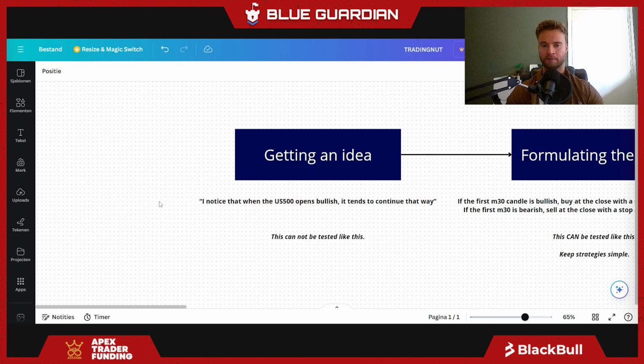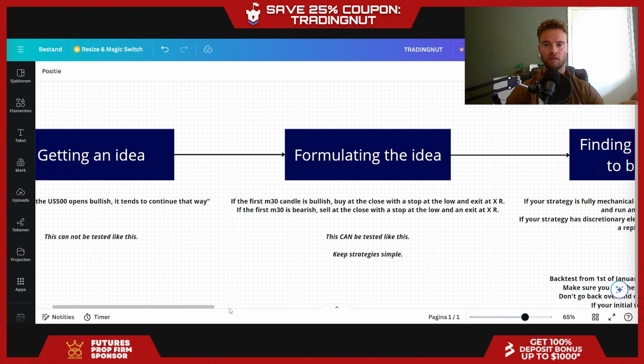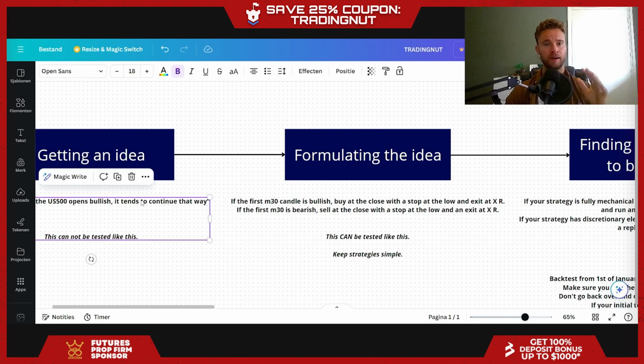It's very broad. So I wrote down, this cannot be tested like this. So the first step is getting a solid idea that makes sense from good sources. And then the next step is going to be formulating that idea, which means going from very broad, very vague to something specific and clear that can be tested.